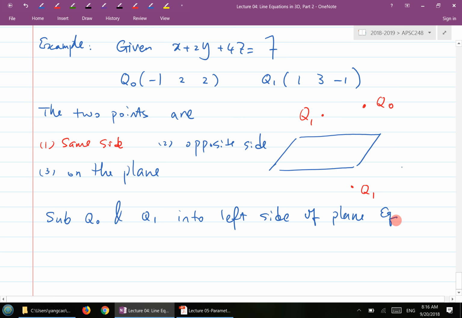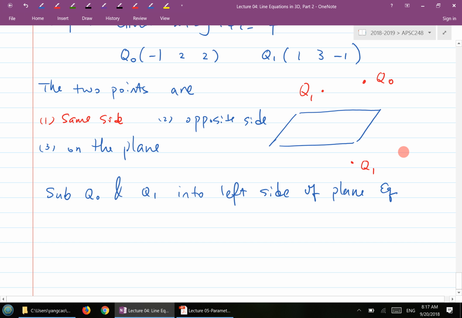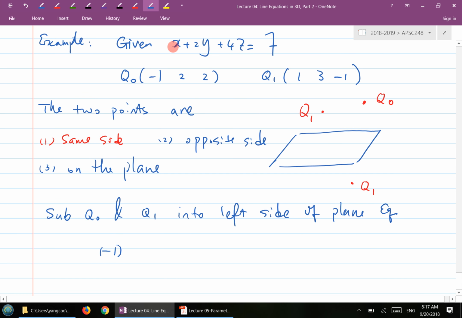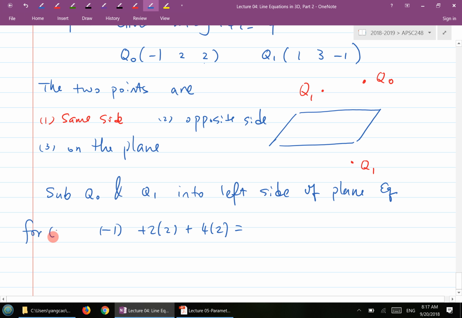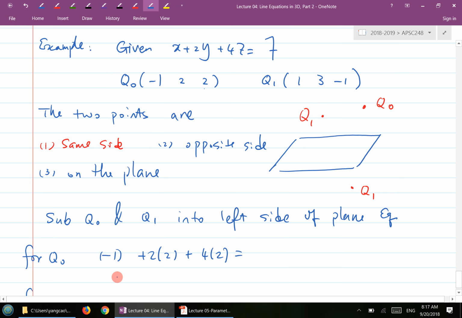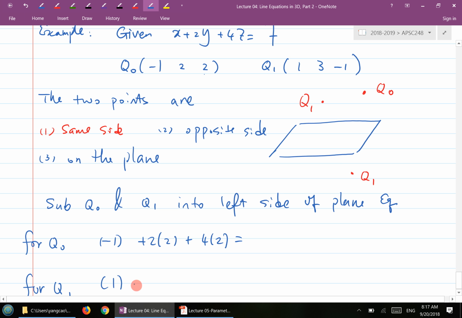And let's take a look at what we get for Q0 if we substitute into the left side of the plane. I get -1 times coefficient 1, plus 2 plus 2, and then 4 times 2. Okay, so that's your left side. And for Q1, you get basically 1 plus 2 times 3, and 4 times -1.